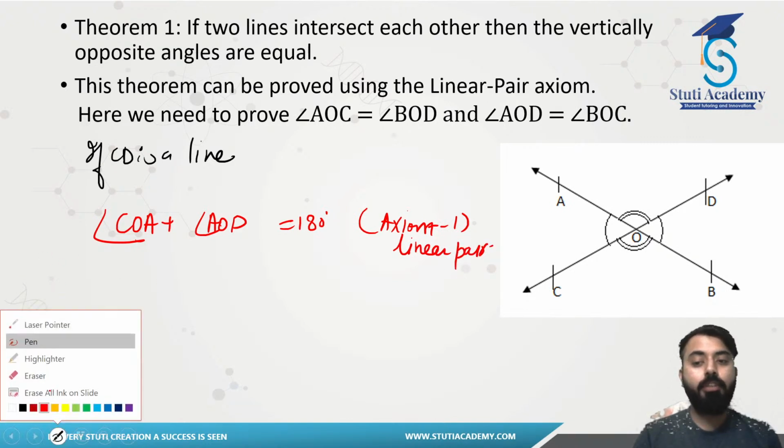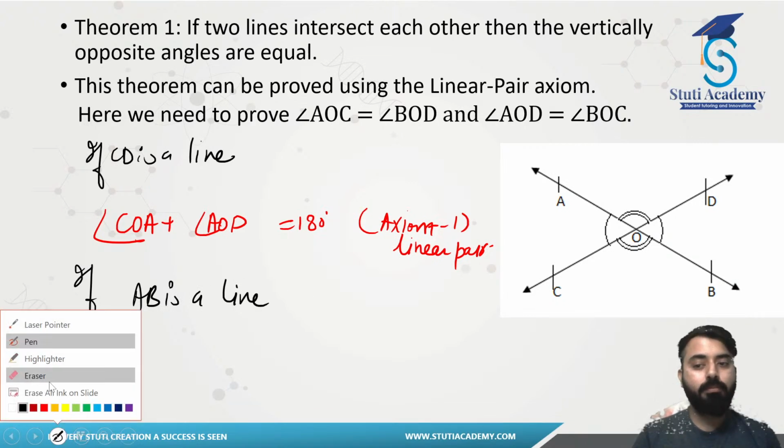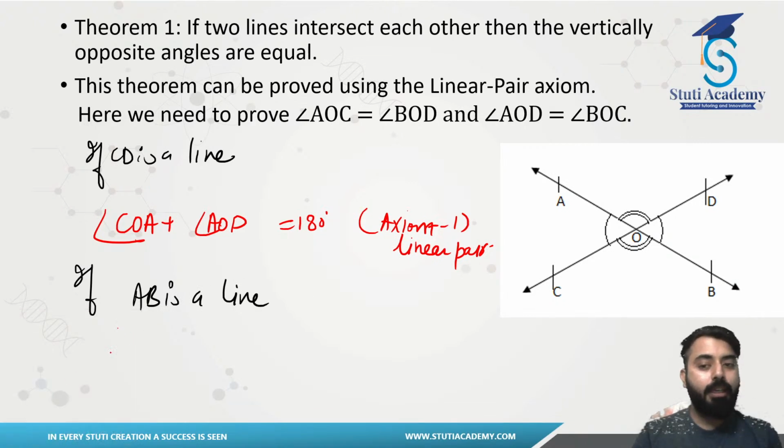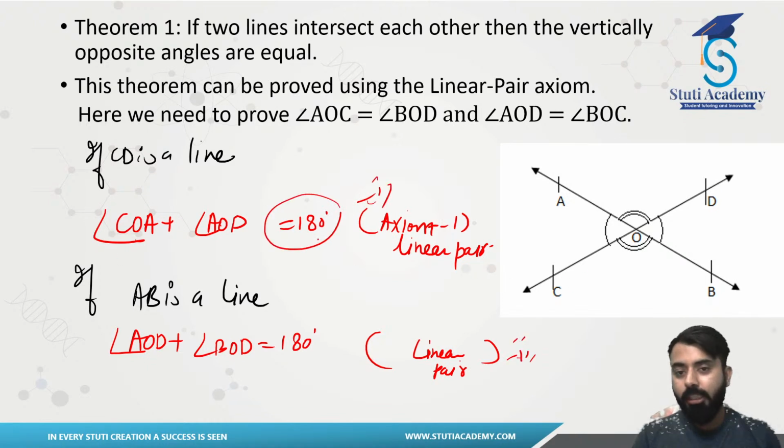Similarly, if AB is a line, then angle AOD plus angle BOD equals 180. Again, linear pair. Now if I mark this one as my first and this one as my second, you guys see both of them are equal to 180.